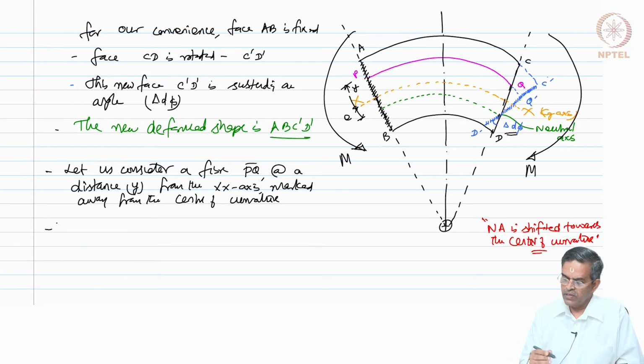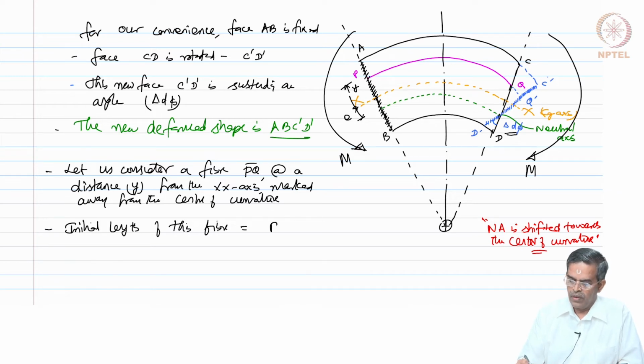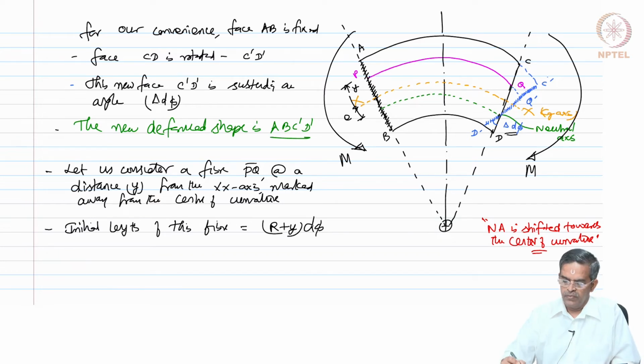The initial length of this fiber will be (r plus y) d phi, call it equation number 1.